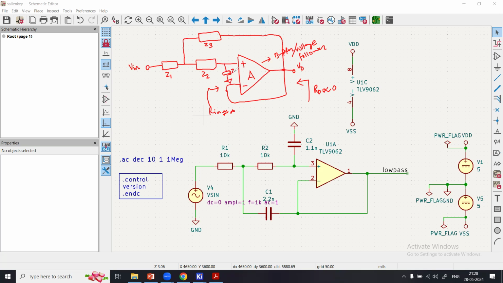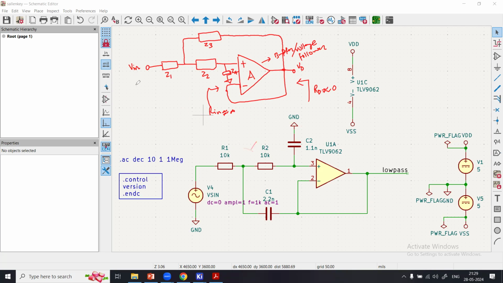I will call this impedance Z4. I hope you will understand. So essentially, this particular circuit is drawn right here. The feedback is taken like this, but in this schematic, I have drawn the feedback like this. But if you carefully observe, this circuit is equivalent to this circuit.